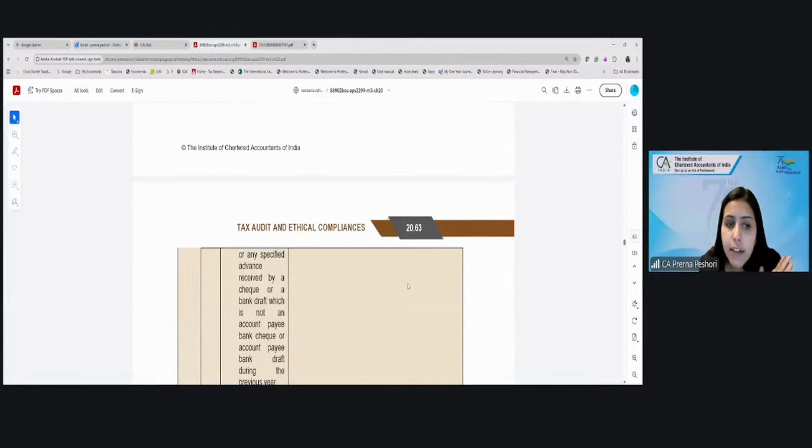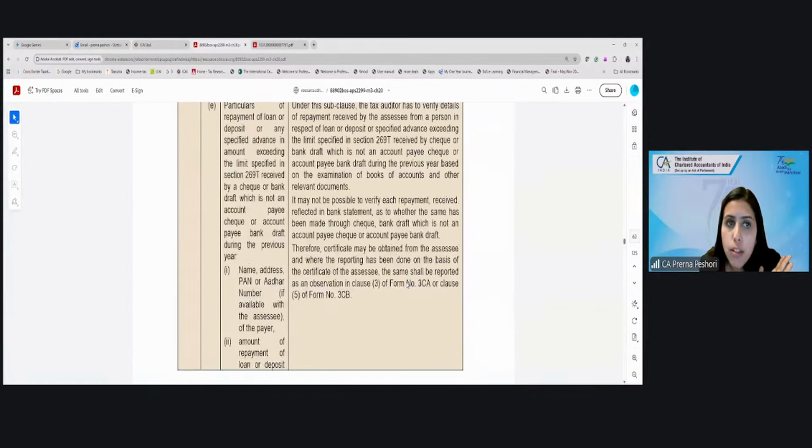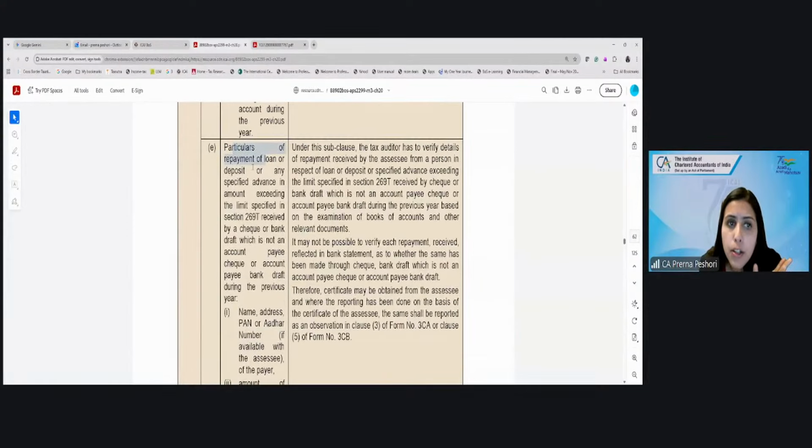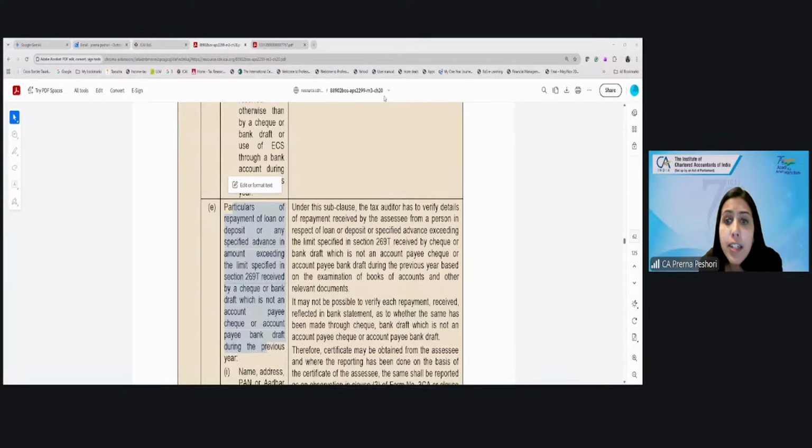And then finally, we have the E point which talks about the particulars of repayment of loan or deposit or any specified advance exceeding the limit specified in 269T received by a check or bank draft which is not an account payee check or bank draft. So under this subclause, what you need to report is, the auditor has to verify whether the repayment is other than the account payee check.